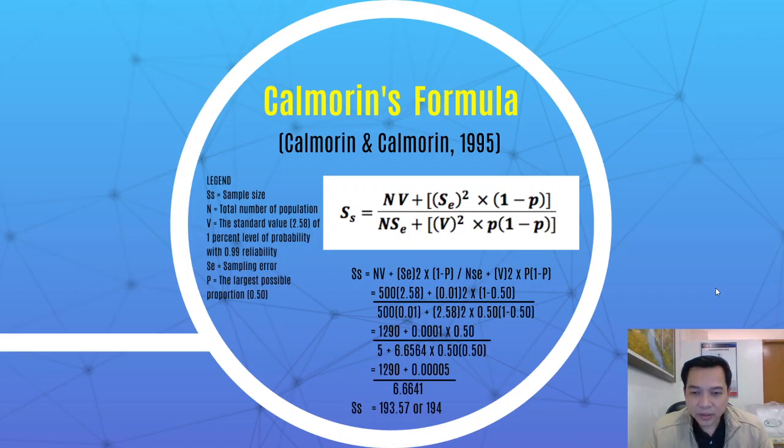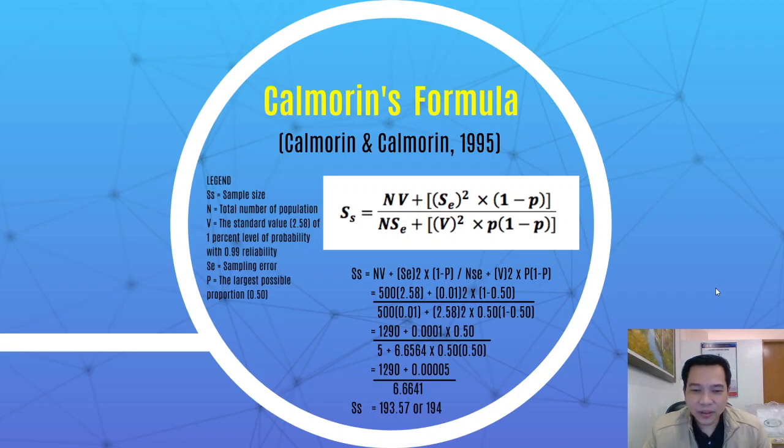So the computation, as stipulated here, sample size is equal to n multiplied by v plus, parenthetical, the margin of error or the sampling error squared multiplied by 1 minus p, over the, again, the population multiplied by the sampling error plus the standard value of 2.58 multiplied by p multiplied by 1 minus p. Okay? I just did a run through with the formula.